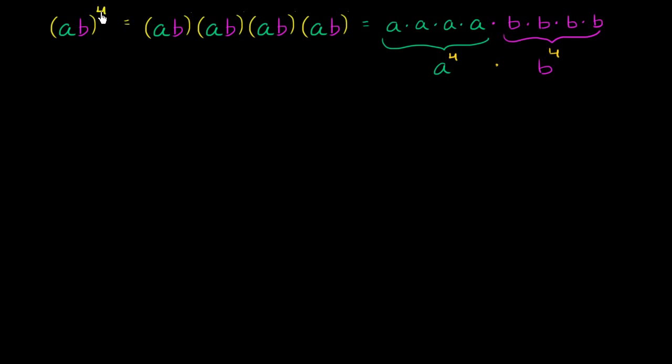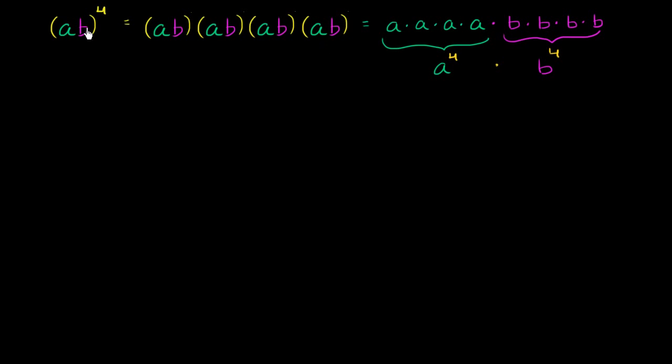And here I just used the example with 4, but you could do this with actually any integer, or actually any exponent. This property holds. And you could satisfy yourself by trying different values and using the same logic.